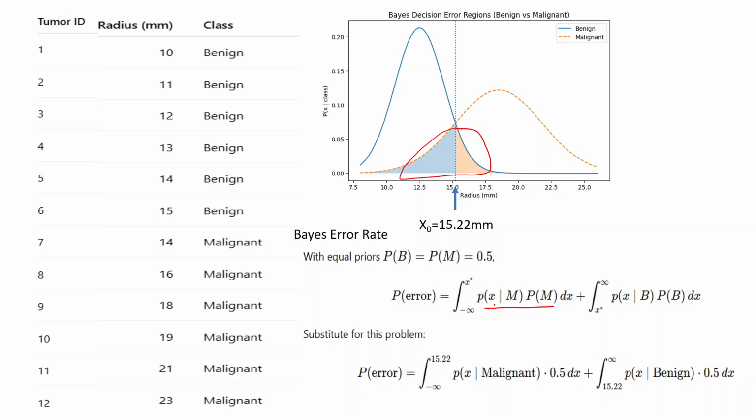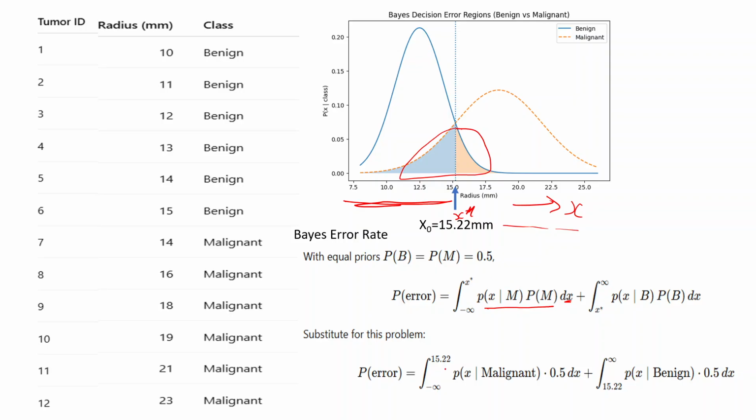We take the likelihood function multiplied by the prior probability and integrate over x, because x is the input feature. This is with respect to one case until x star, and for the other case, integration happens from x star to infinity.